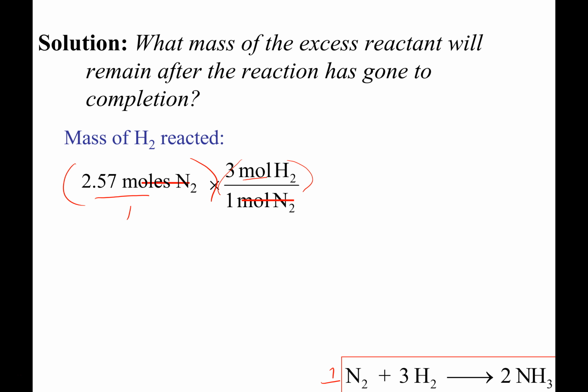Perfect. How can we get from moles of H2 to grams of H2? Molar mass. And so it's going to be the unflipped version of molar mass: 2.016 grams of H2 over 1 mole of H2.